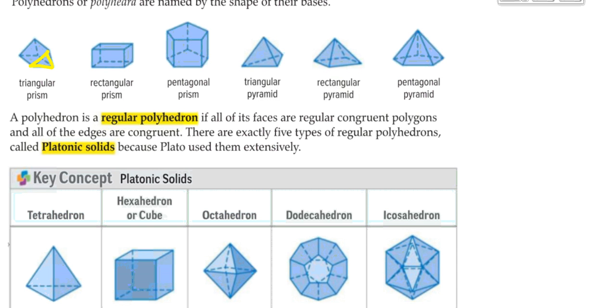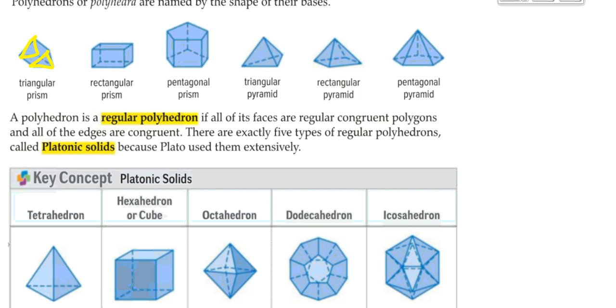So the triangles here are in the front and the back, but that is still a triangular prism as you look at it, because the bases are triangles. Because remember, if it's a prism, the faces that connect the bases have to be rectangles. And so if I lay it like this, the bases are still the triangles.